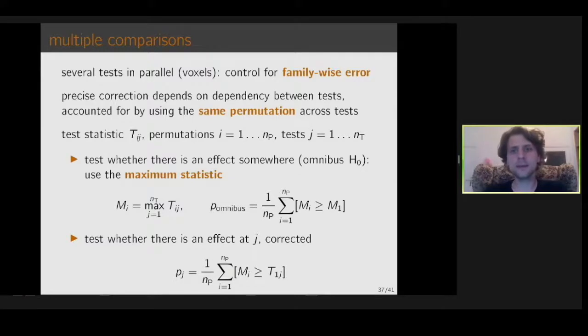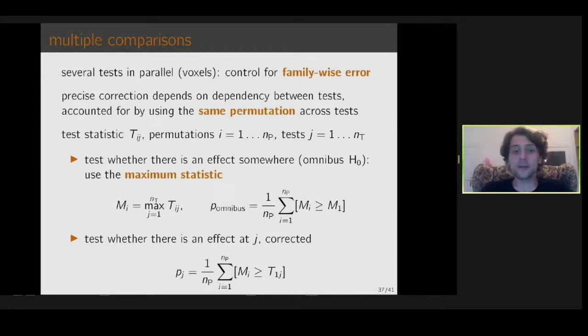So let's say that Tij is the test statistic calculated from voxel j using permutation i. Then if you would like to test whether there's an effect somewhere in the brain, thereby rejecting what is usually called the omnibus null hypothesis or the global null hypothesis, you would use the maximum statistic.